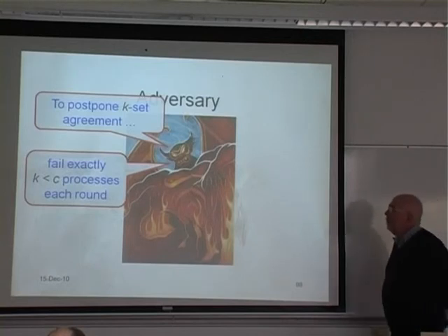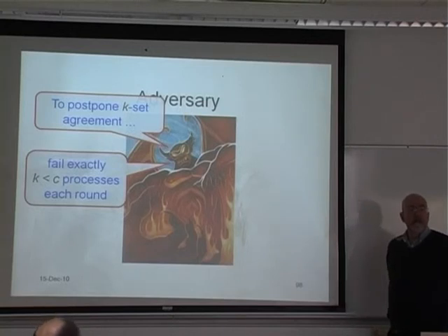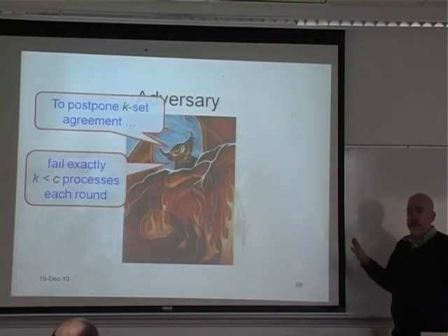What we're going to do is the adversary is going to fail exactly k processes in each round. And this is why we can't string these round operators together forever: eventually we're going to run out of processes to fail. There's a limit on the number of processes that we can fail. So the adversary is going to fail at least k processes and then control the way they send messages to maximize confusion.